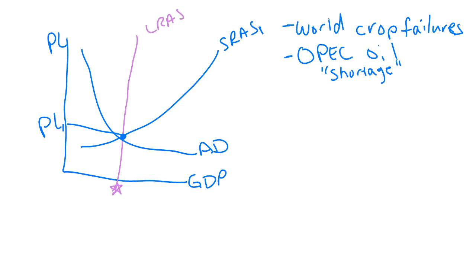Now, you know that when the supply curve shifts to the left, that's going to cause the price of an item to go up. What happened in that case, we needed the oil not just to put in our cars and get to work. We also needed oil to run the equipment. We needed gas to run equipment. So production, we couldn't produce if we didn't have oil and gas to run that equipment.